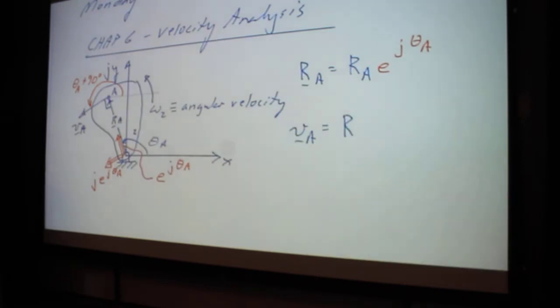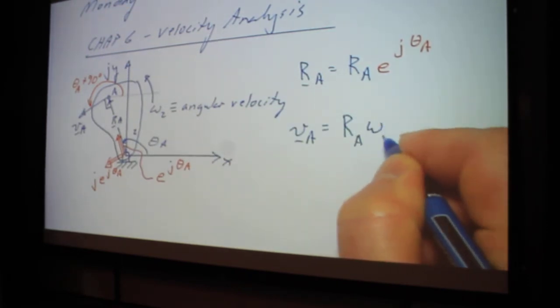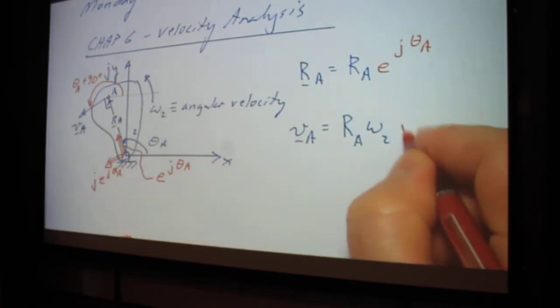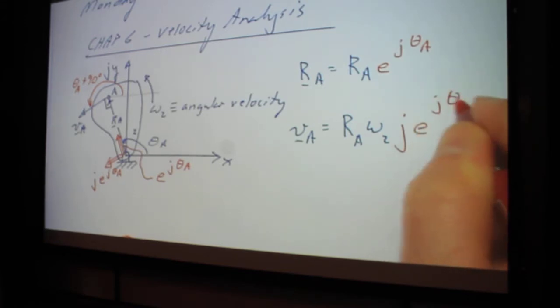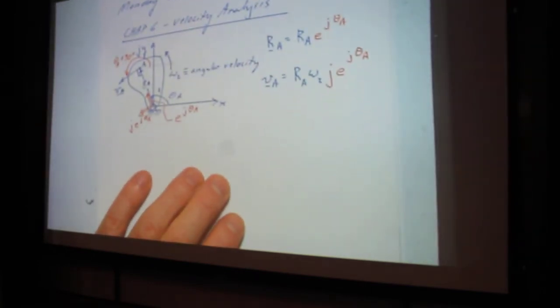So this thing here is RA times omega 2. Now, we know the direction is simply j e to the j theta A. So that's how we're looking at this.